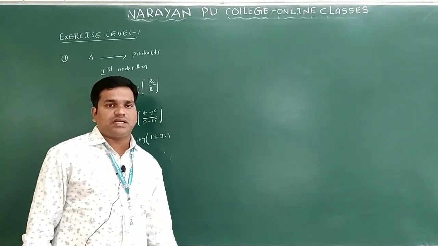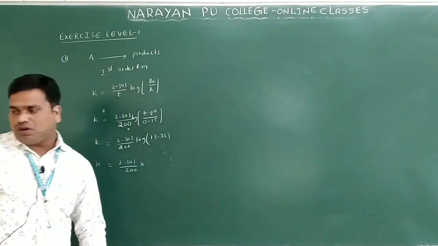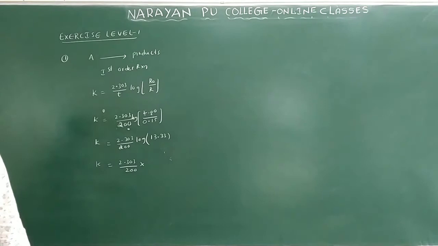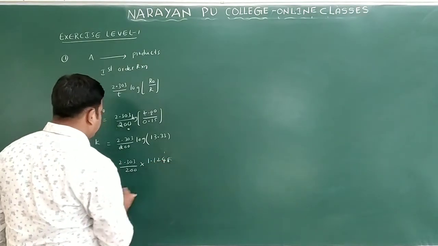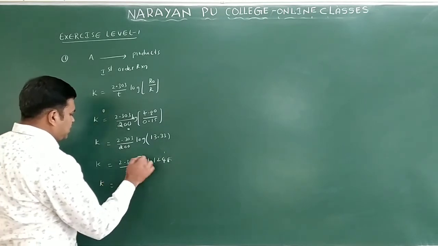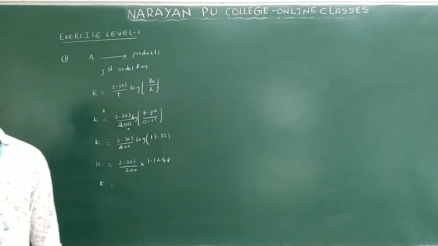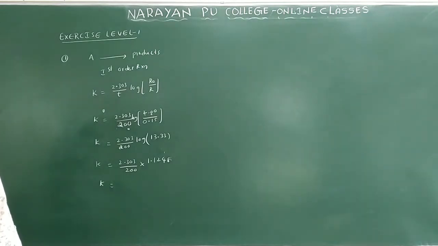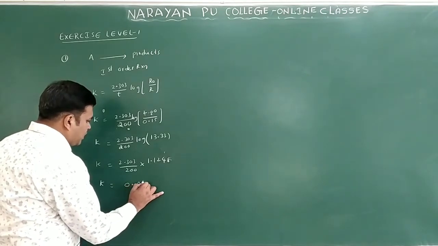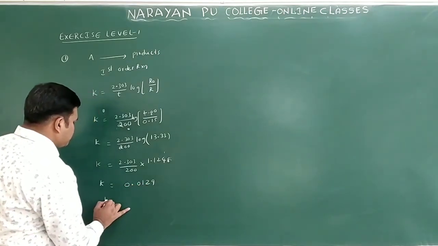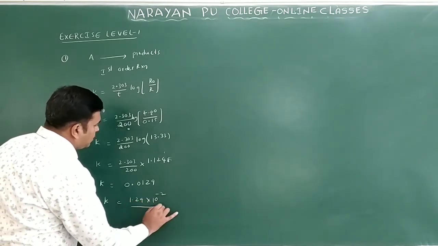All together you will get 1.1248. So K is equal to 2.303 into 1.1248 by 200. All together you will get 0.0129. So we can write this as 1.29 into 10 power minus 2.